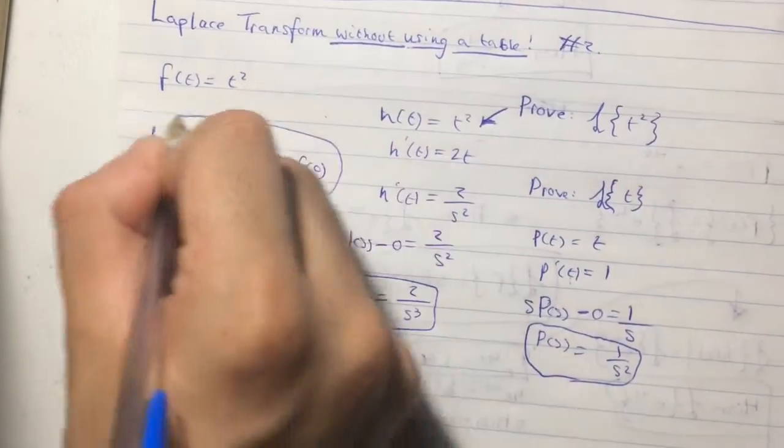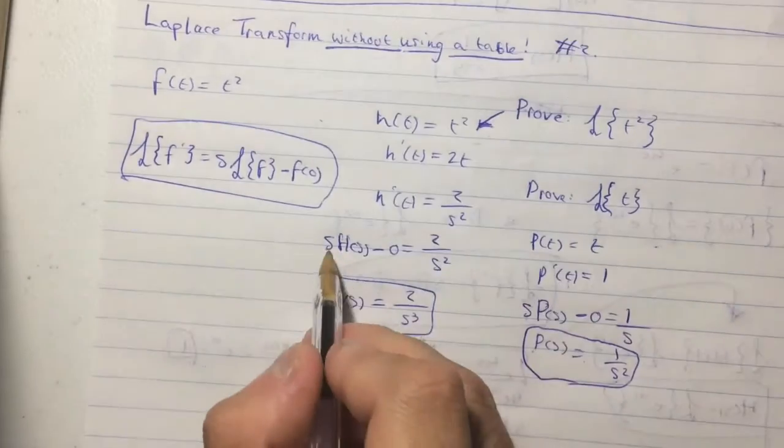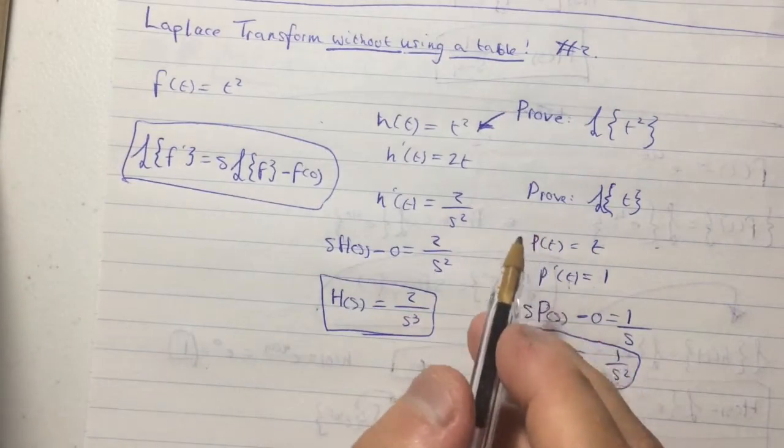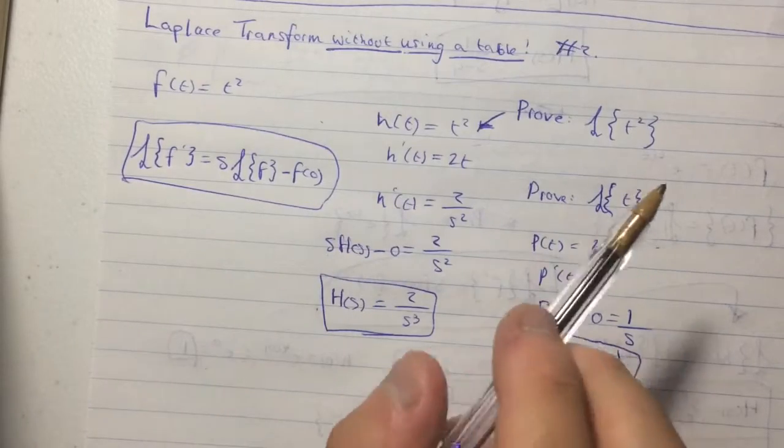This is the formula that I've been using over and over again, where you see how I've used it here: sPs minus 0, sHs minus 0. I'm only using the first derivative Laplace transform formula in this case.